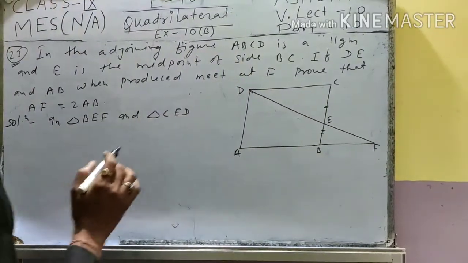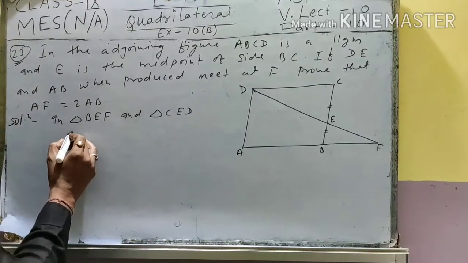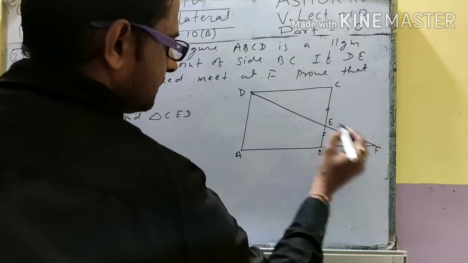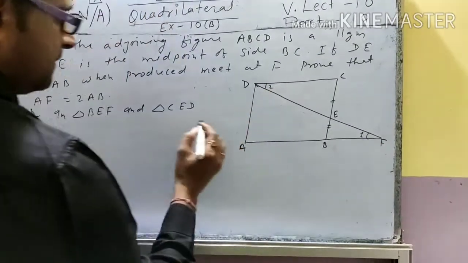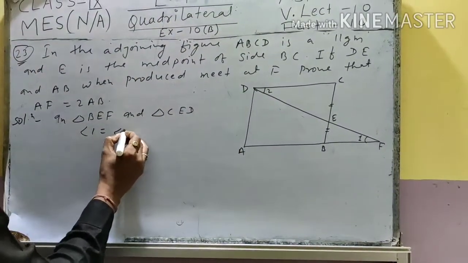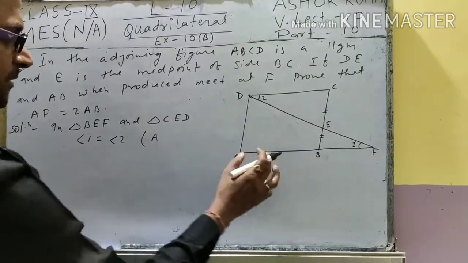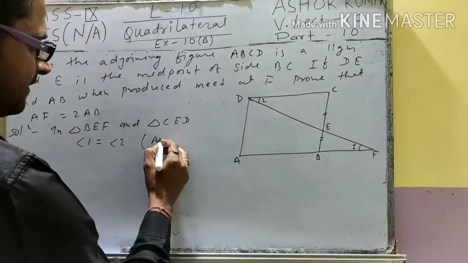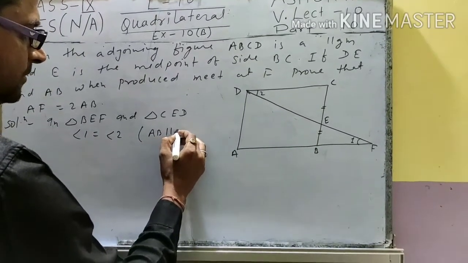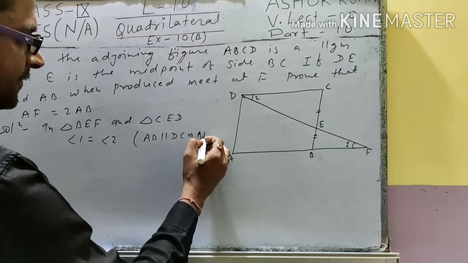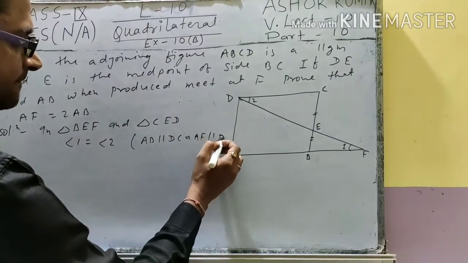In these two triangles, student, angle 1 is equal to angle 2 because AB is parallel to DC. So we can say AF is parallel to DC.